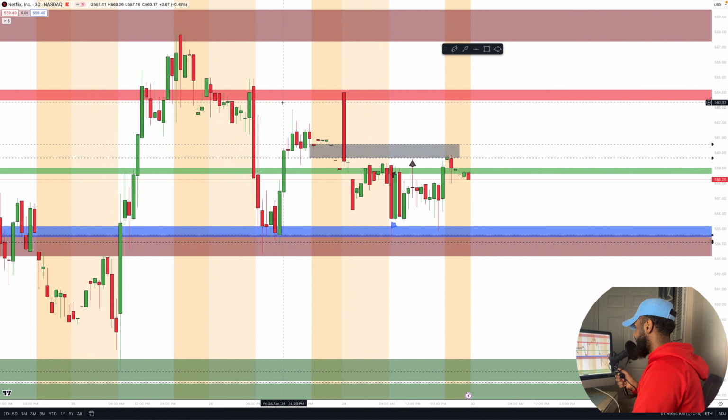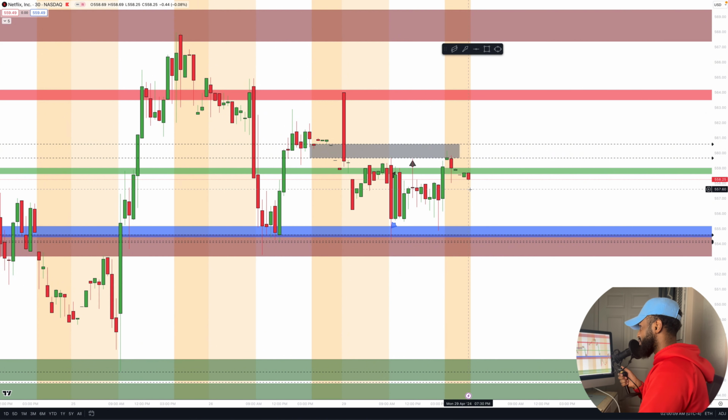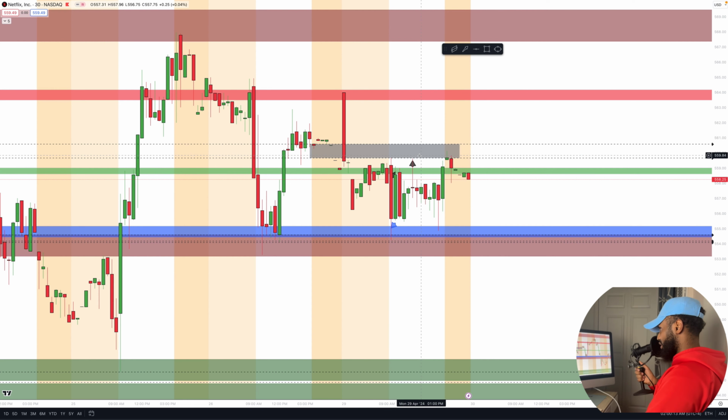We can see that we had a lot of buyers that were sitting at this zone. So I got in at about 554 level, and we exited at this 559 resistance level. Seeing that the markets were reversing, I didn't want to hold this thing much longer.